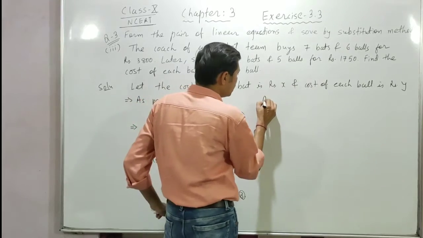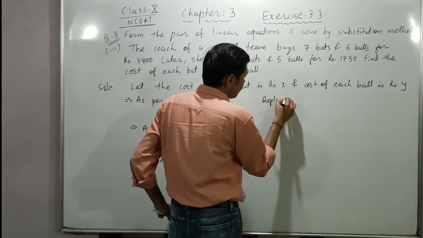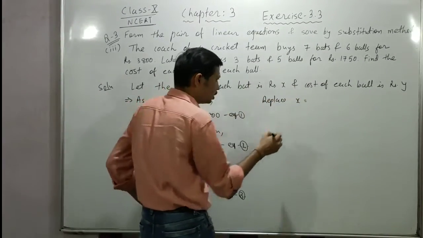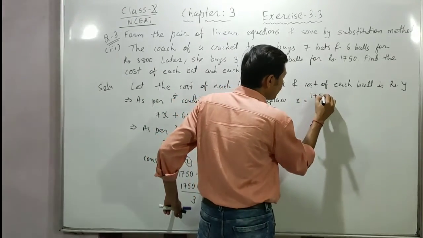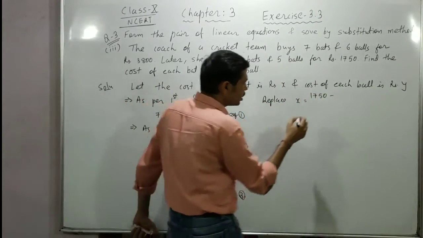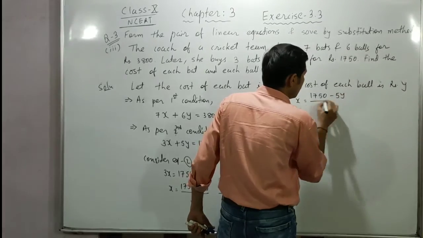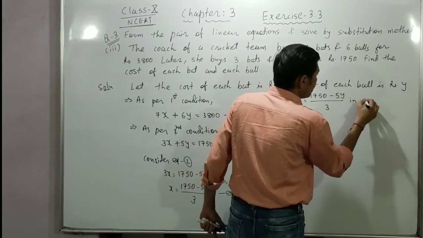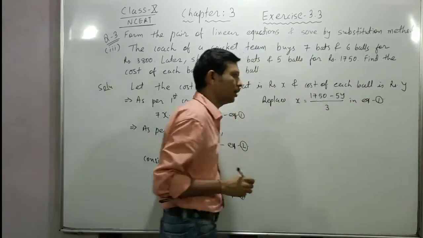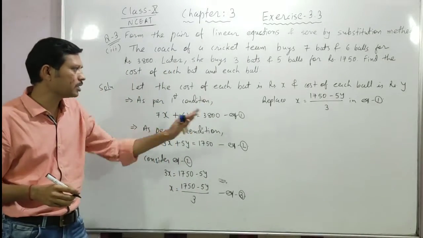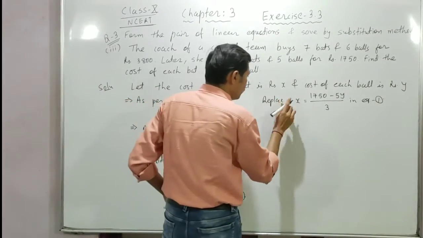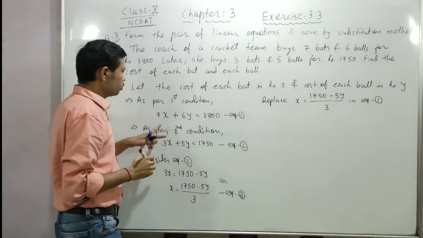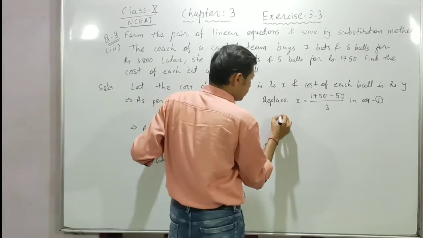So we will write down here, replace x equal to 1,750 minus 5y upon 3 in equation number 1. Equation number 1 is 7x plus 6y equal to 3800.